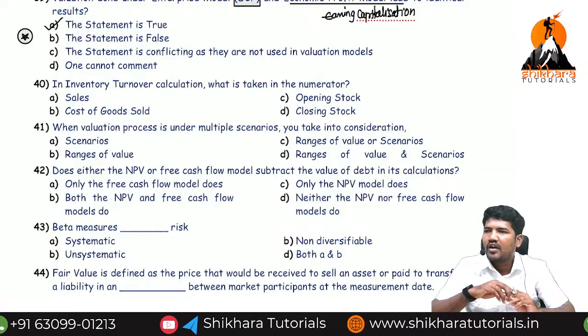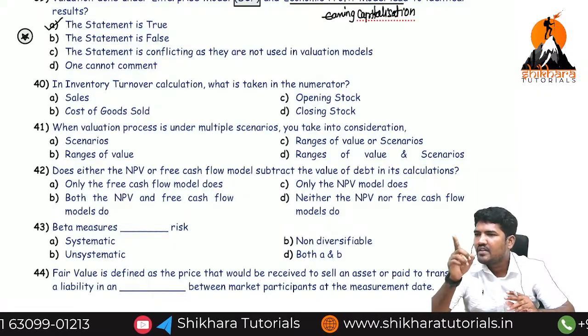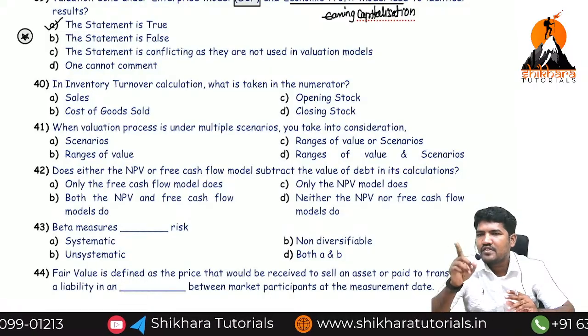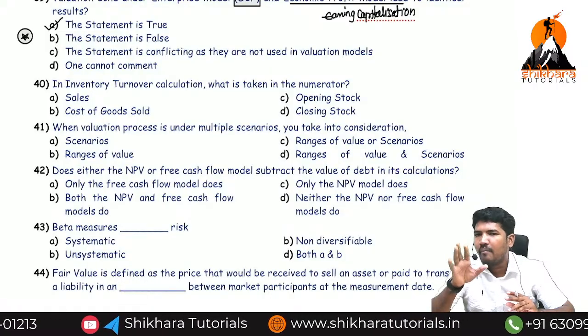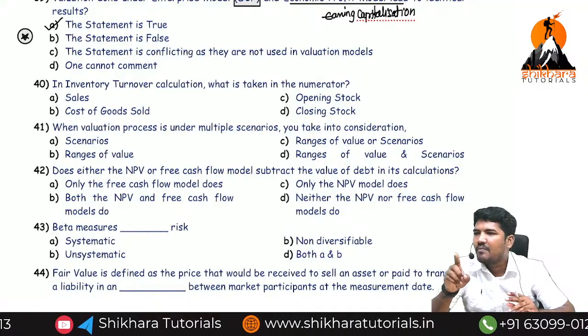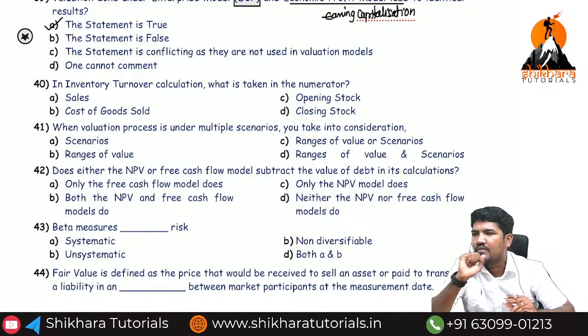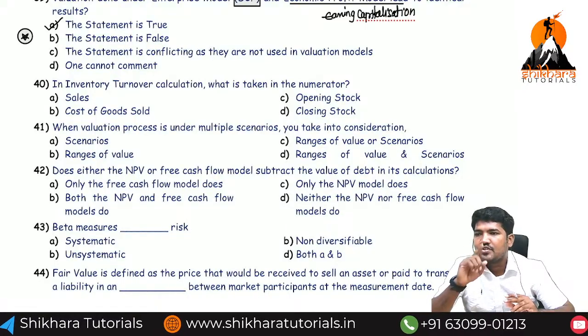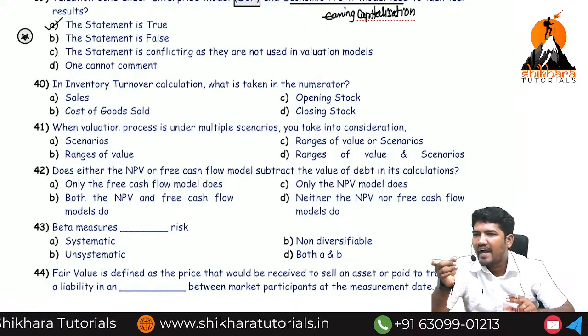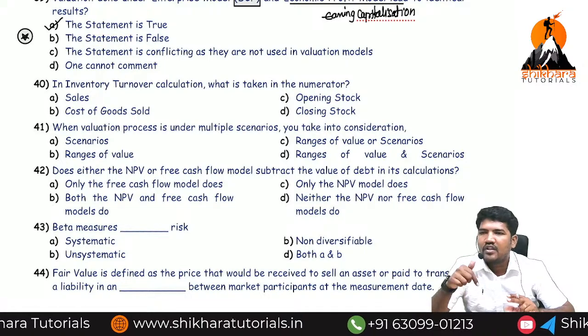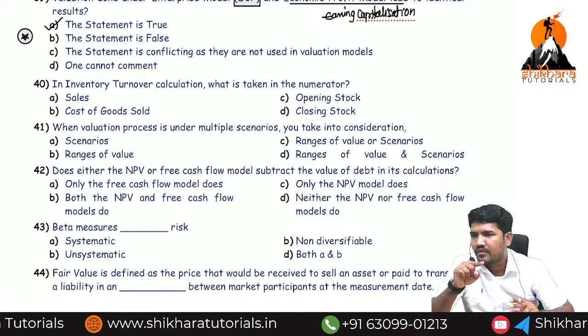So when it comes to turnover ratio, always numerator is sales, always sales or turnover. But when it comes to cost point of view elements, you have to consider cost to turnover. I will give clarity at the time of activity ratio explanation. So here the cost is cost of goods sold.